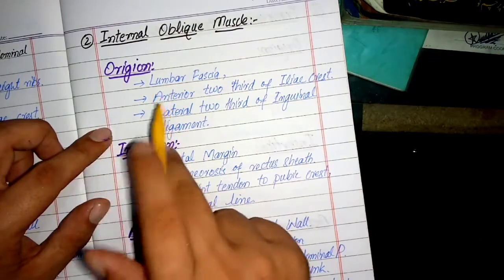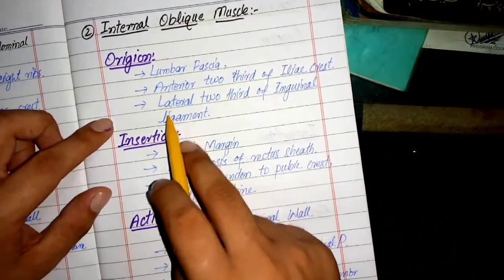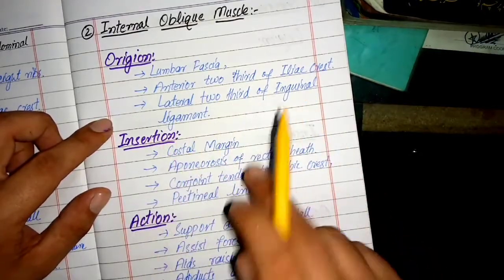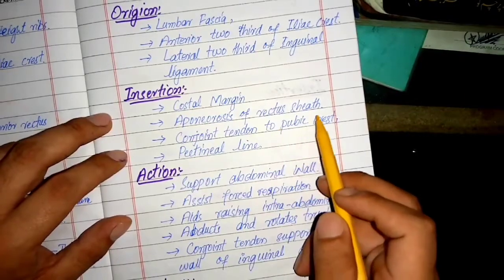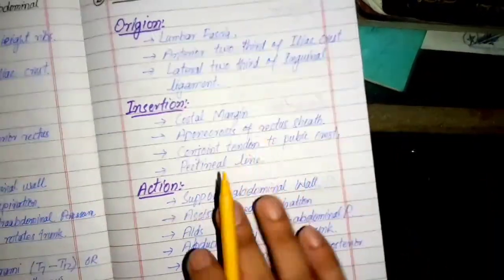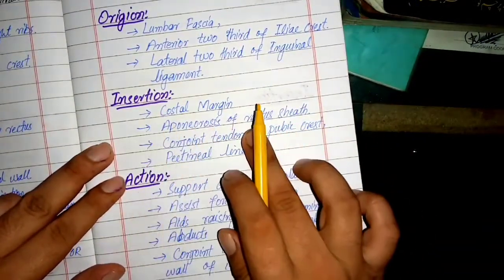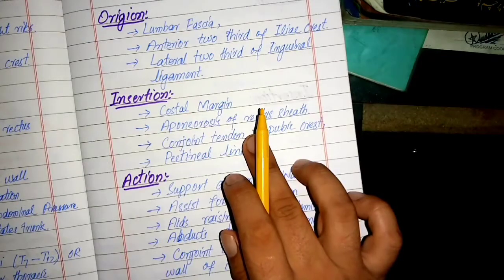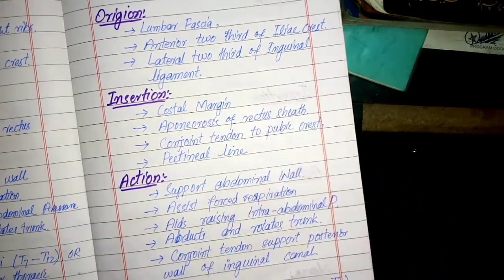So it is attached to the anterior two-thirds of the iliac crest and the lateral two-thirds of the inguinal ligament. Its insertion is the costal margin and the aponeurosis of the rectus sheath. The costal margin is the margin at the edges of the costal cartilage. Aponeurosis is a white band of connective tissue, and the rectus sheath is in the abdominal region.